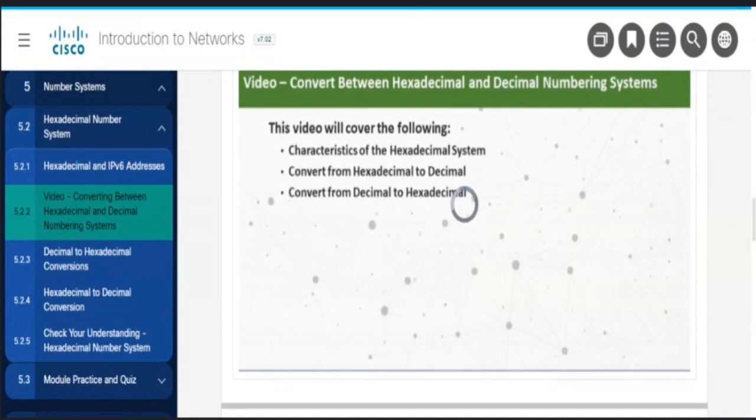Makikita niyo na yung screen, video. Yes po, ma'am. Kasi kayo, medyo nabagal lang.